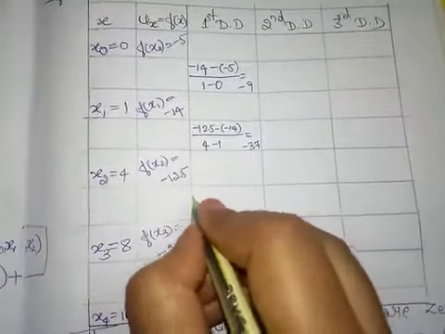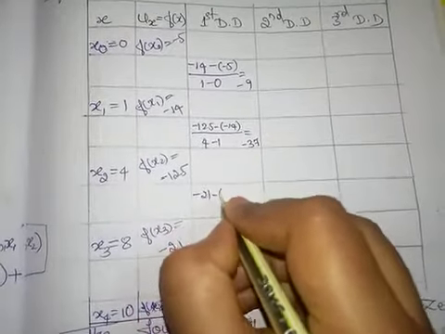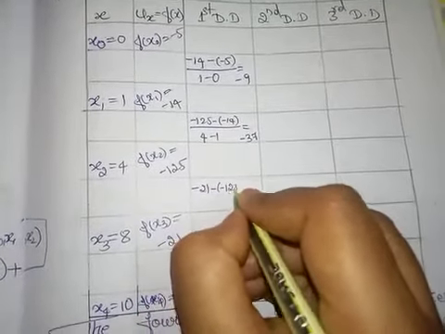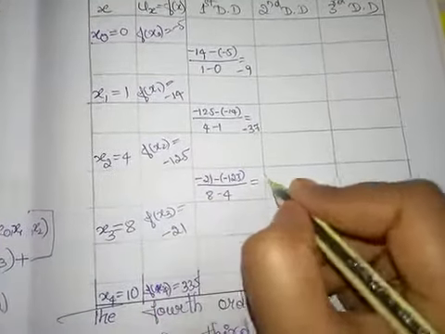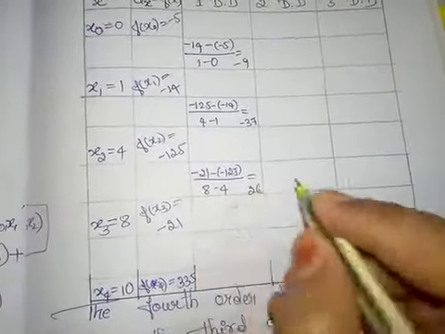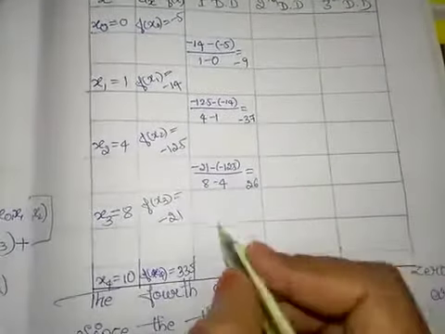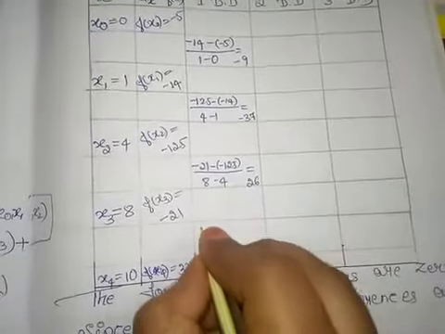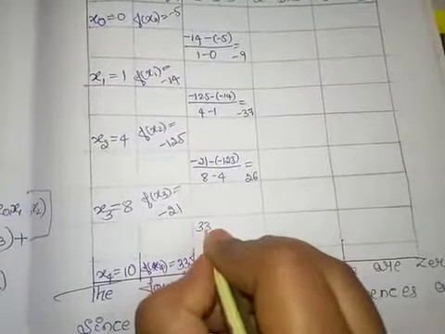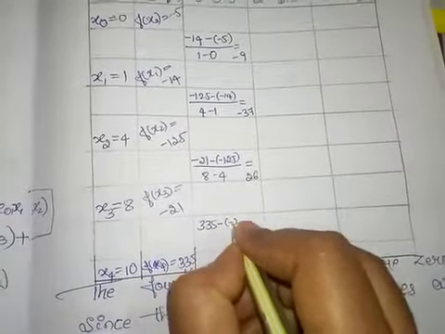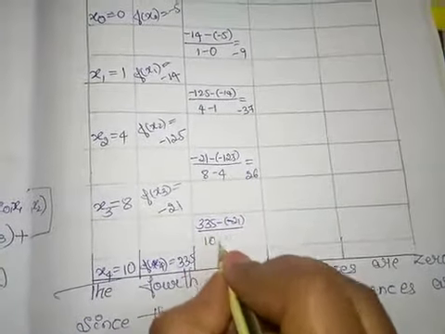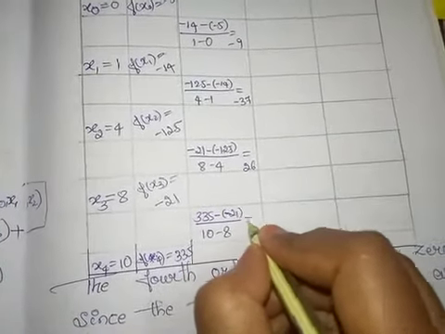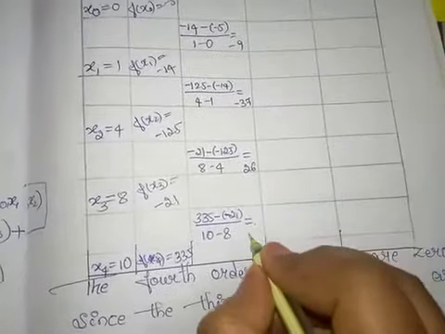Next, here minus 21 minus of minus 125 divided by 8 minus 4 is equal to how much? 26. Next, here 335 minus of minus 21 divided by 10 minus 8 is equal to 188.